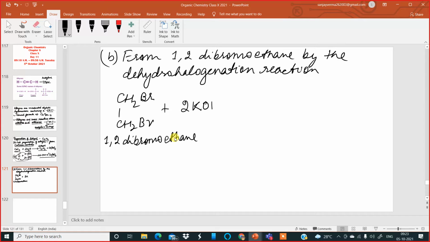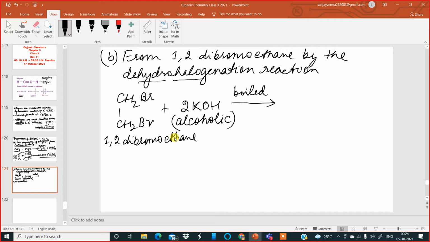It is reacted with alcoholic potassium hydroxide, and the reaction mixture is boiled. Upon boiling, there is removal of hydrogen and removal of halogen.